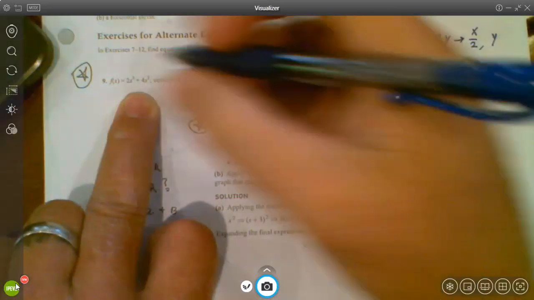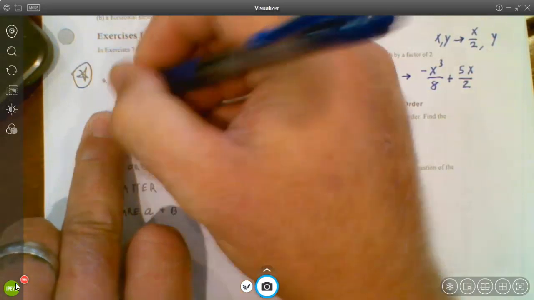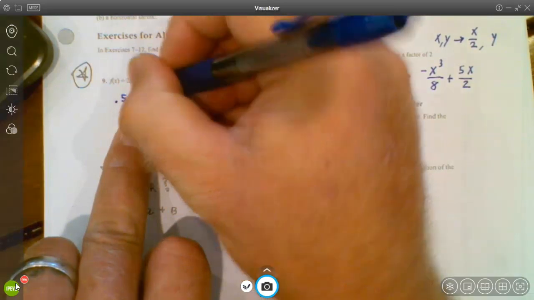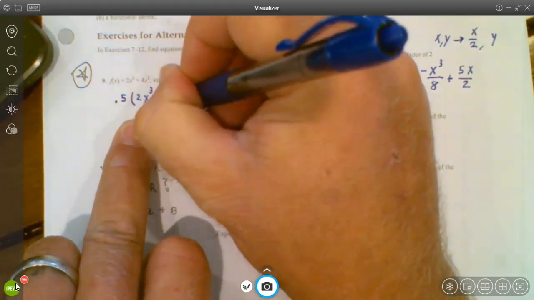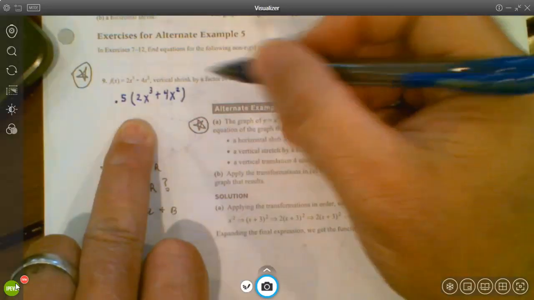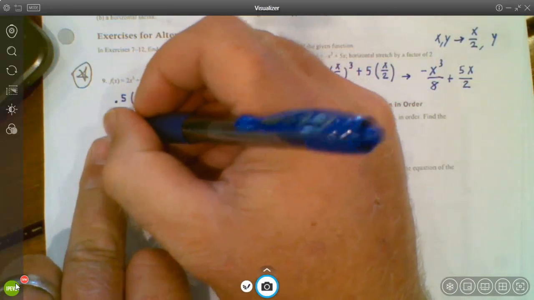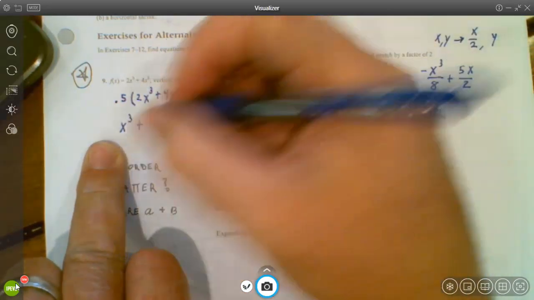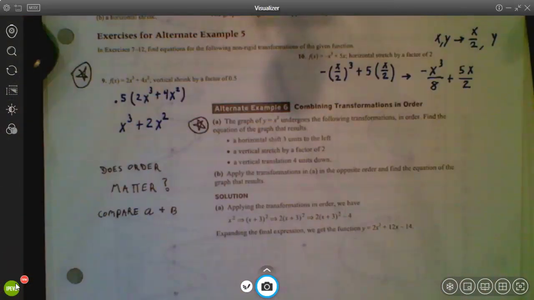So 0.5 times 2x cubed plus 4x squared. That's what they're telling us to do with that vertical shrink of 0.5. A little cleanup on that as we distribute, and we should be looking at x to the third plus 2x squared. And that would be our answer.